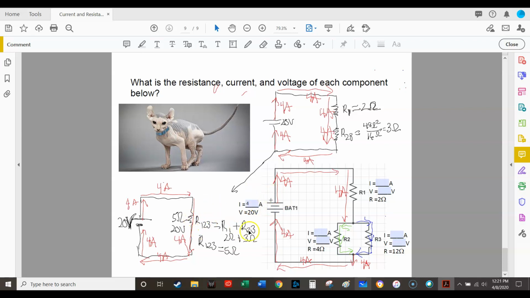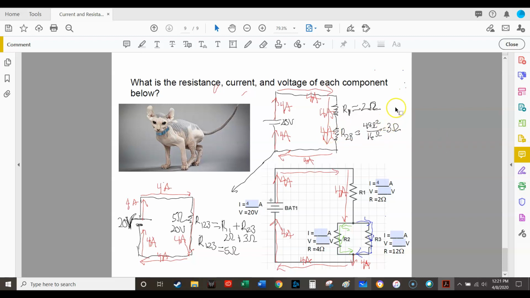And since R1, 2, 3 combined is getting 4 amps, we can see here by tracking this version of our circuit that R1 is getting 4 amps. And that same 4 amps is being brought up through R2 and R3, going into R23, which is a 3 ohm resistor.